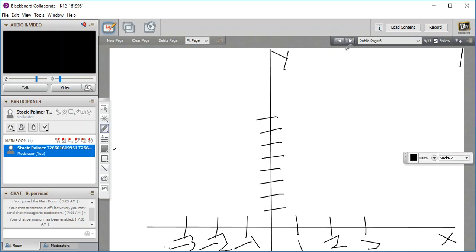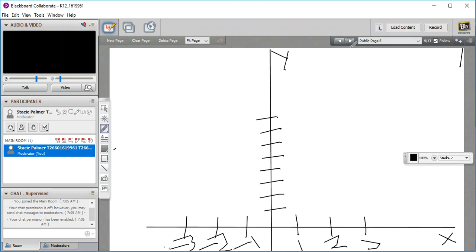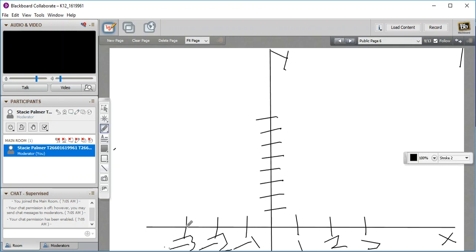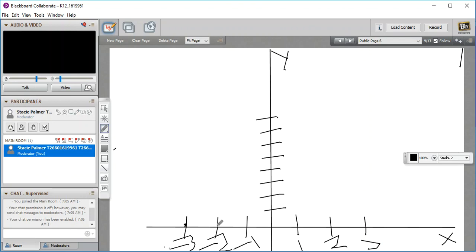For this first one, when the x is 3, the y is 1/8. When the x is -3, the y is 1/8. So that's going to be almost to 0, but not quite. The next one, when x is -2, the y is 1/4.